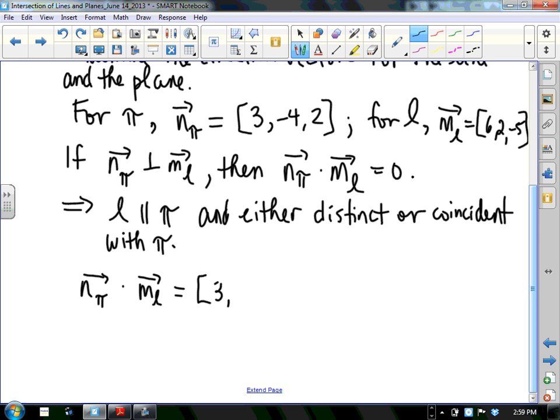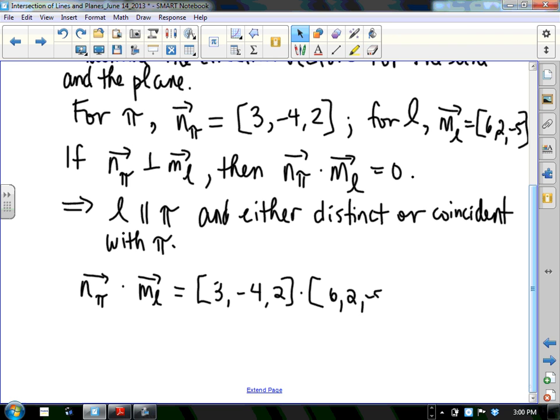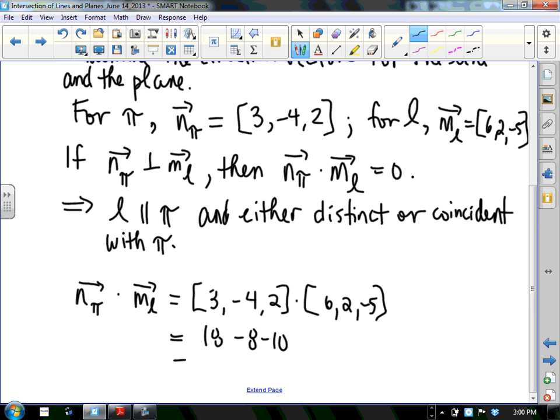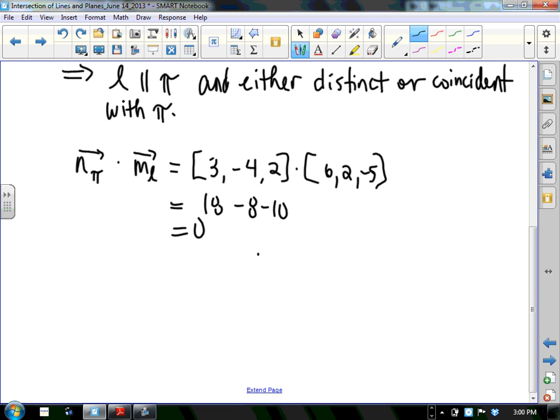So (3, -4, 2) dot (6, 2, -5) is going to be equal to, it looks like we have 18 minus 8 minus 10, which is 0. That's good. So therefore, we know the direction vectors are going to be perpendicular to each other, which means that the line must be parallel to the plane.